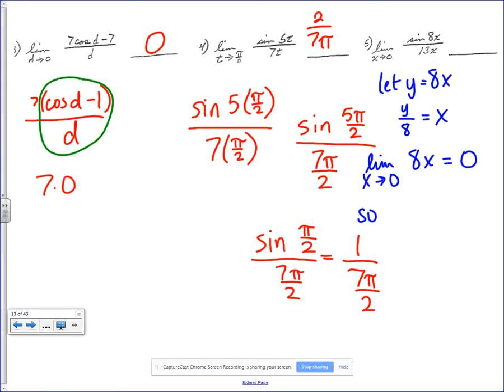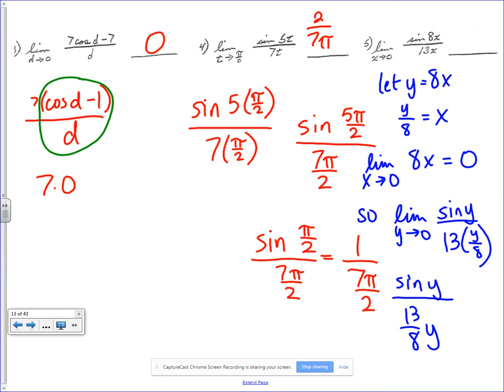So now my new limit will be the limit as y approaches 0, and make your substitution. So we have this portion right here is 1. So effectively, we have this. When you multiply by the reciprocal, you get a final answer of that.